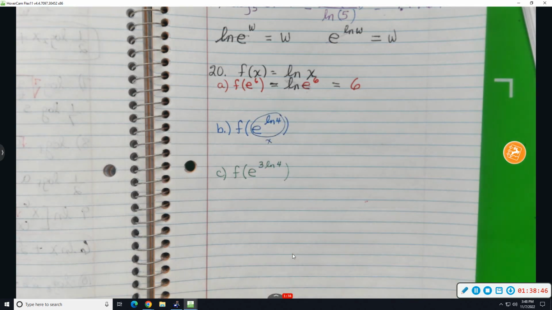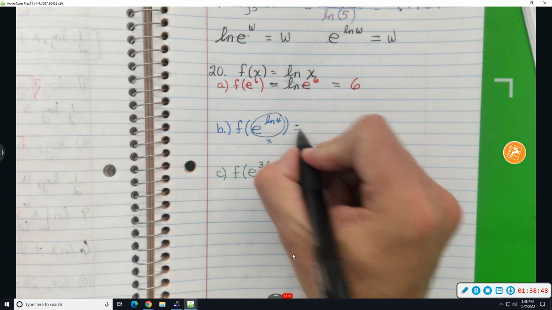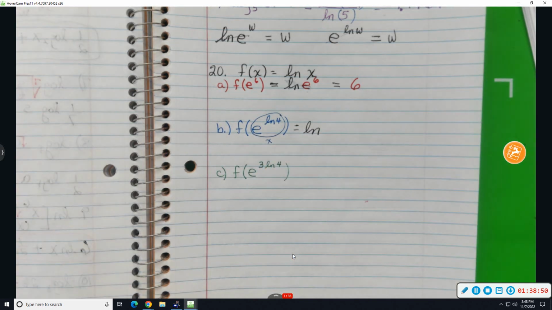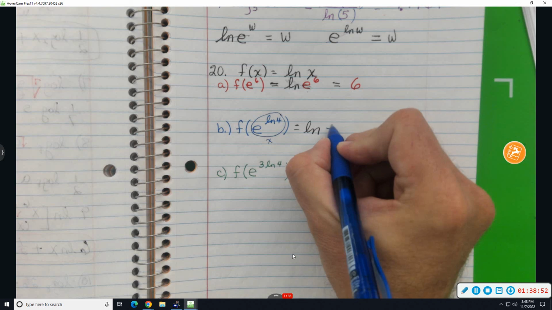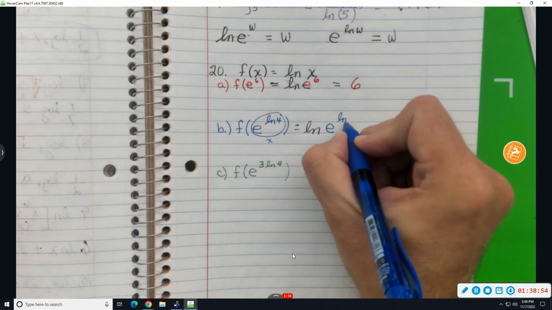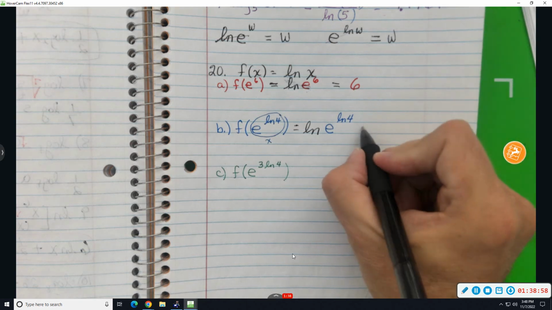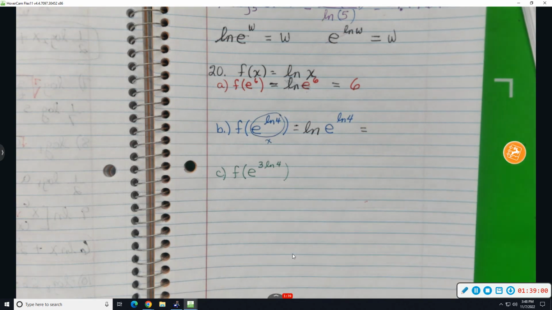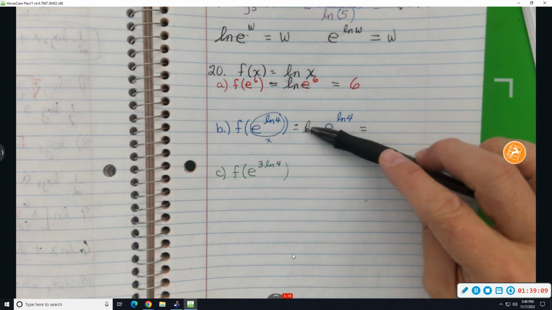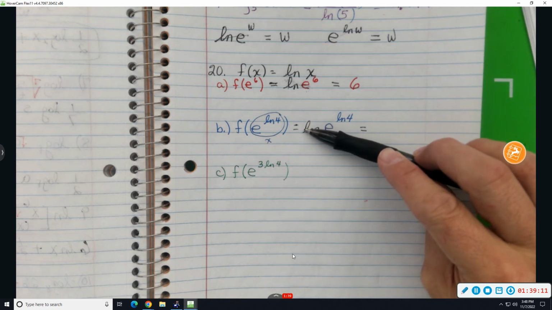We have the black ln, and then we have an e to the ln 4. Now on this one, there's actually two ways you could cancel. If the e and ln are side by side, we could cancel like that, leaving just the blue ln 4.